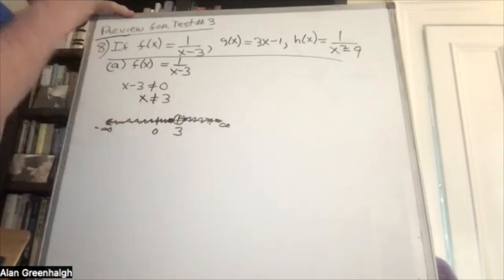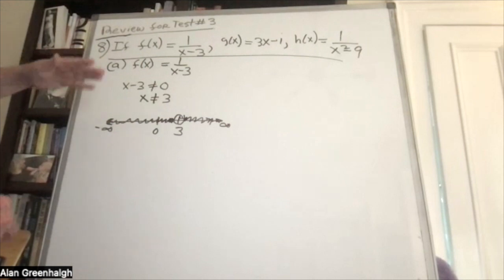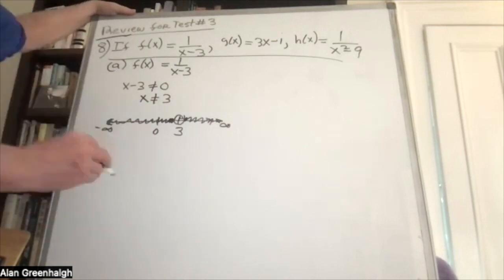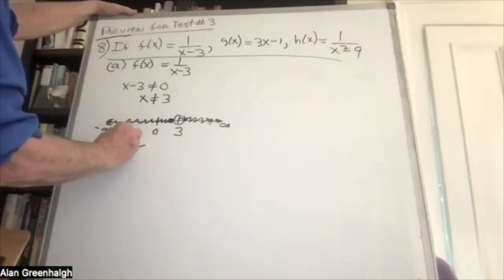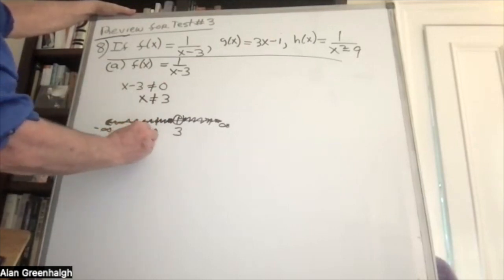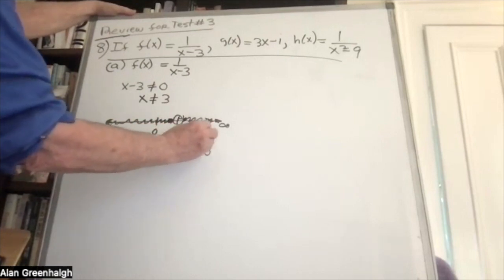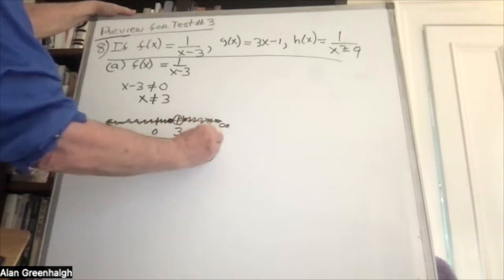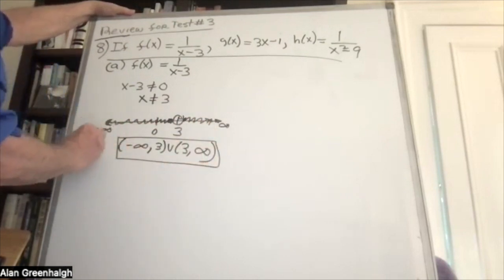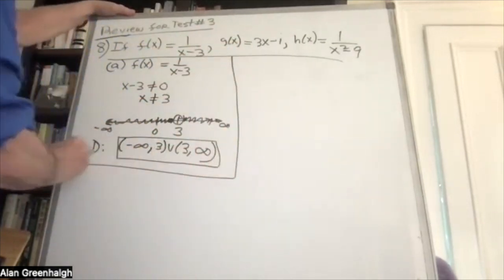So therefore, in interval notation, and really this is how you write a domain: negative infinity to 3, and then 3 to infinity. This is the domain. You've had a lot of experience with this over the course of the semester.